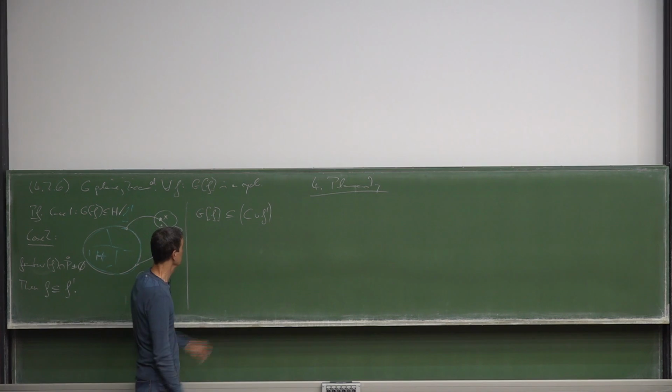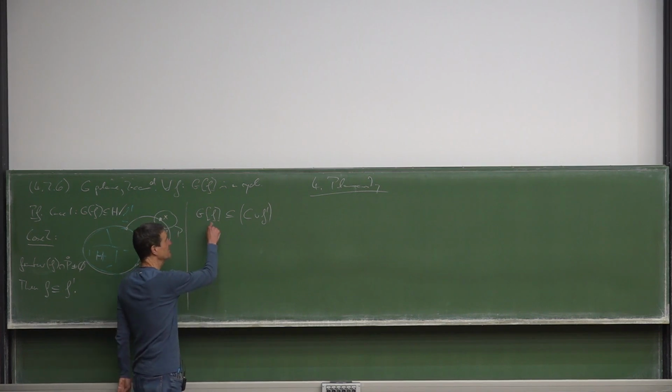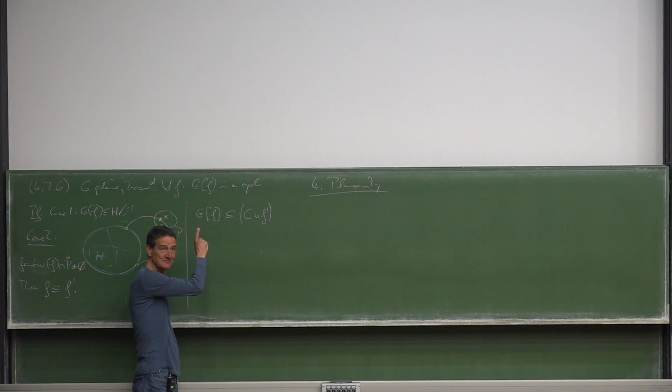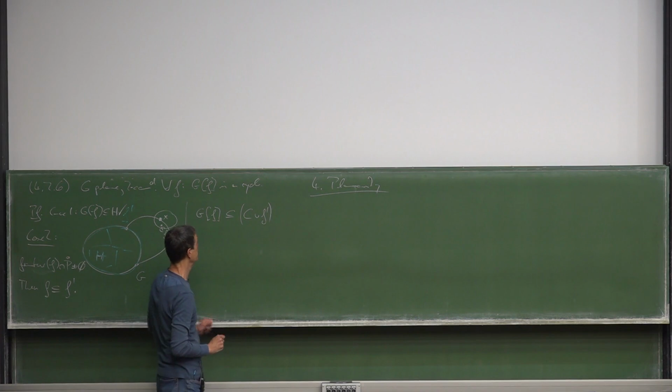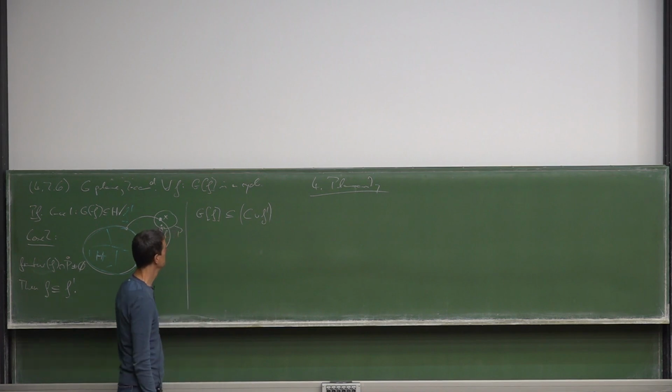But that's not possible, because every neighborhood of a point on the boundary of f has a point in f, by definition of frontier. But f is a subset of f prime, so it also has a point in f prime. Okay, so we know that.